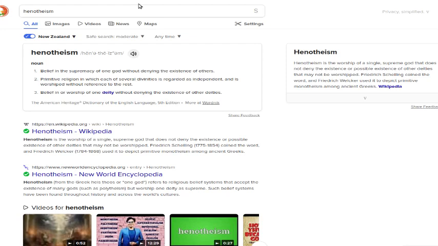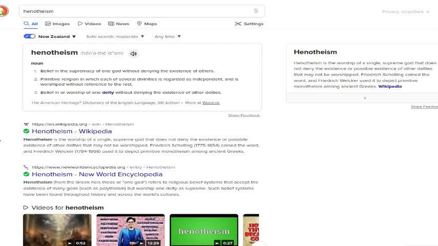Primitive religion in which each of the several divinities is regarded as independent and is worshipped without reference to the rest. Belief in or worship of one deity without denying the existence of other deities. Henotheism is a worship of a single supreme God that does not deny the existence or possible existence of other deities that may not be worshipped.